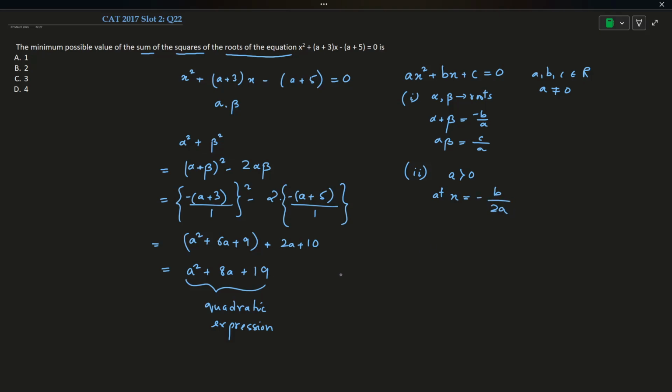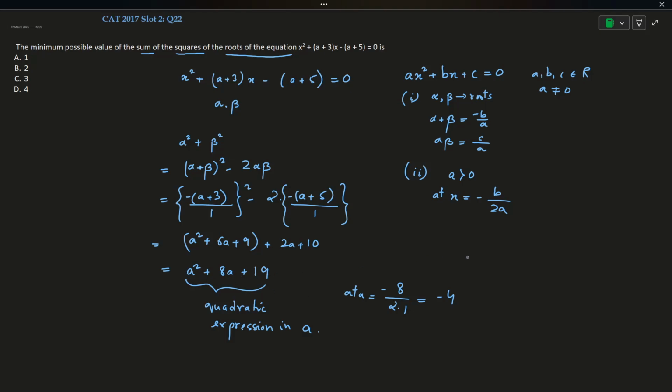What is b? B is the coefficient of x. So here it is a quadratic expression in a. So minus of 8 by 2a, a is the coefficient of the square of the variable, right? So it is 1. So it is minus 4, at a equal to minus 4.